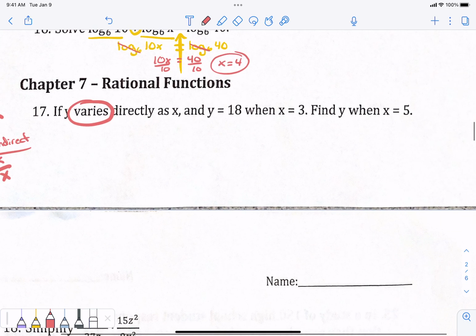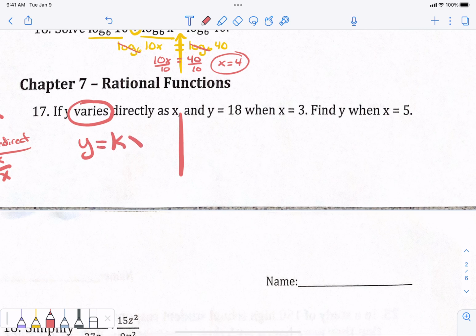First thing says, we know we're doing y equals kx because we're doing direct variation. And y equals 18 when x is 3. What does that help me find? K. So 18 equals k times 3, which means k is 6. If we divide by 3, k equals 6.